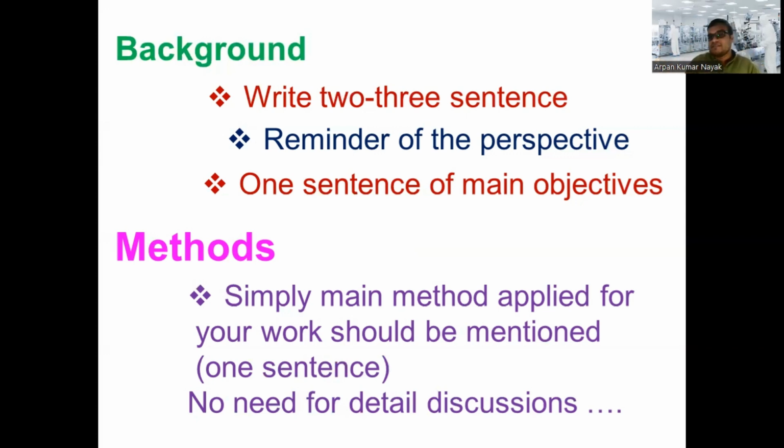Then next part will be our results. For this results part, first you have to check your methodology. What are the different types of methods you used? For all of these, you list out the exact value and exact result, how much you observed.